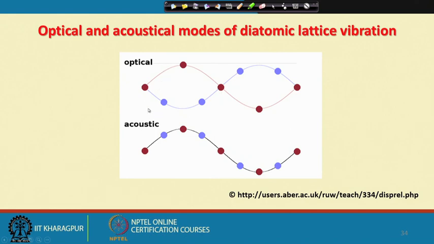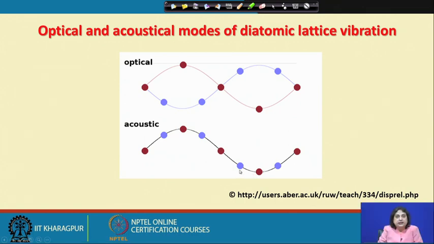As you see, in the acoustic modes, both types of atoms move in phase with each other, and their frequencies go to 0 as k goes to 0. But when I have the optical modes, the brown atoms are moving out of phase with the blue atoms, the atom of type 2.